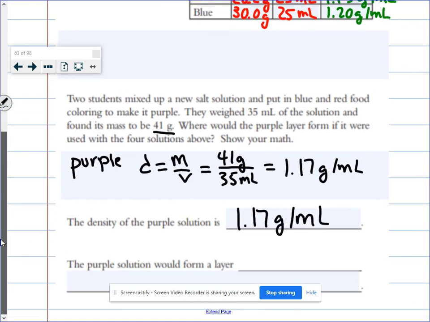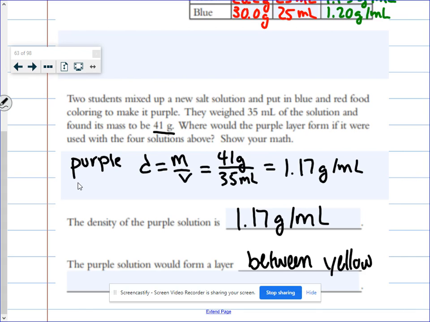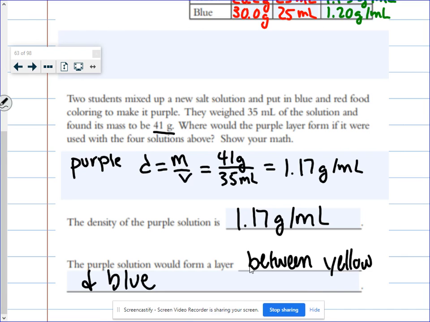That would be the only place that it would go. So the purple solution would form a layer between yellow and blue. So my colors would be from the bottom, blue, purple, yellow, green, red.